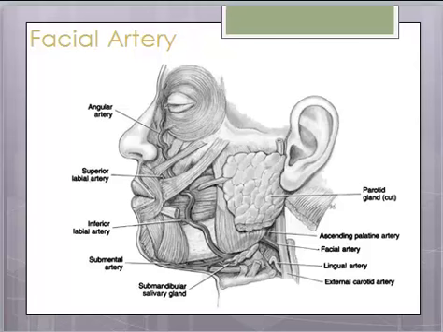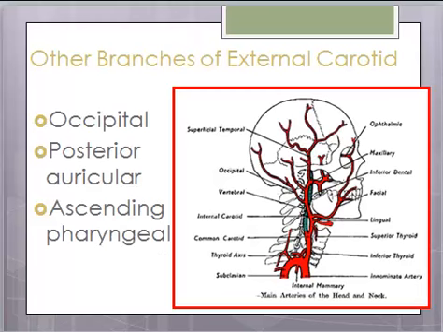You don't have to know those. Then we have some other branches of the external carotid: the occipital, the posterior auricular, and the ascending pharyngeal, which we don't have much to do with. That's the back of the head, behind the ear, and the throat. So as hygienists, we won't be dealing with these branches of the external carotid.